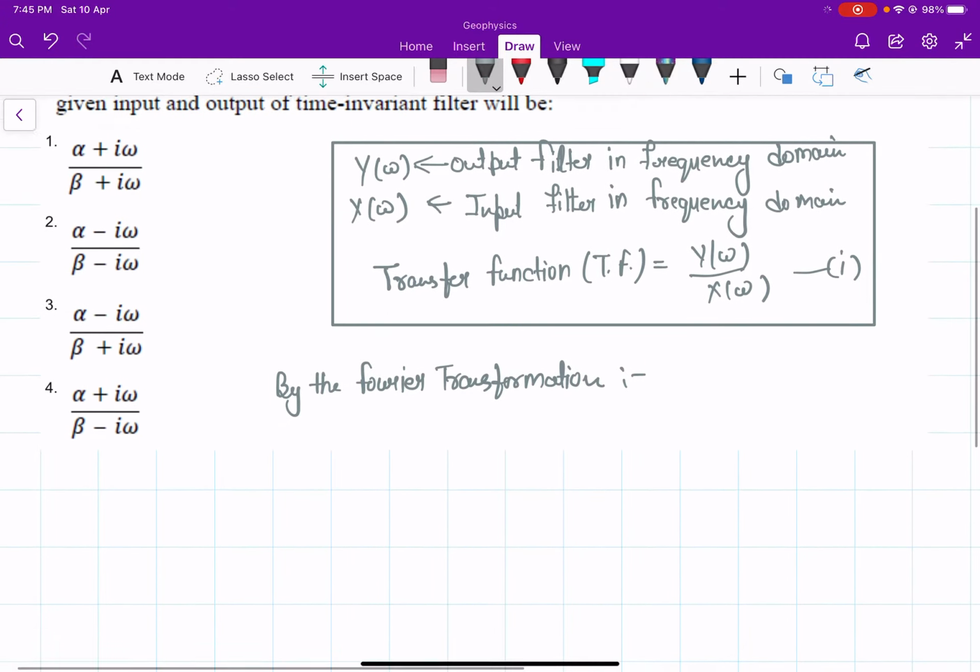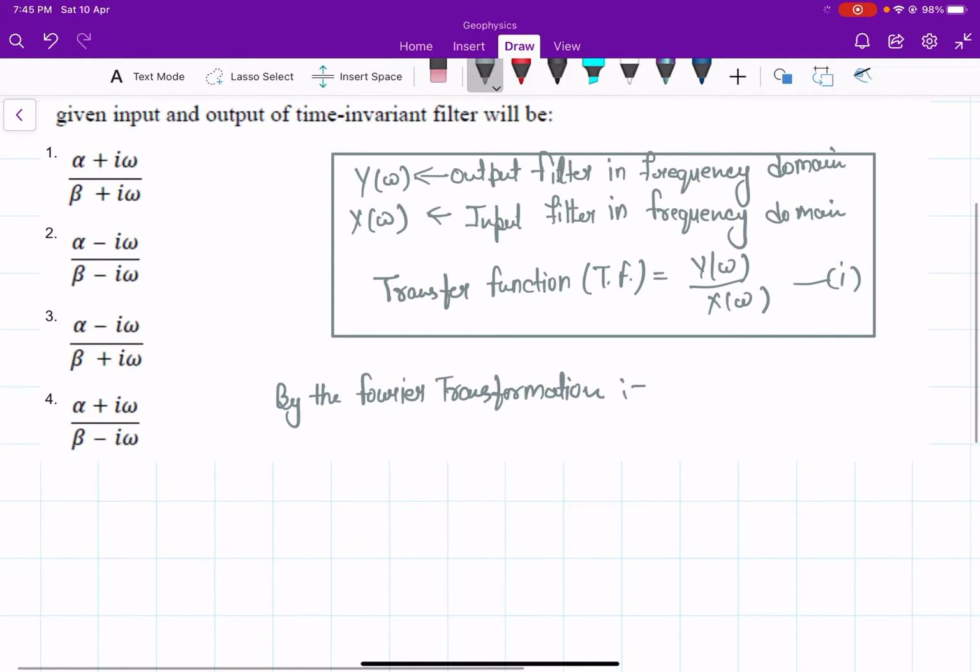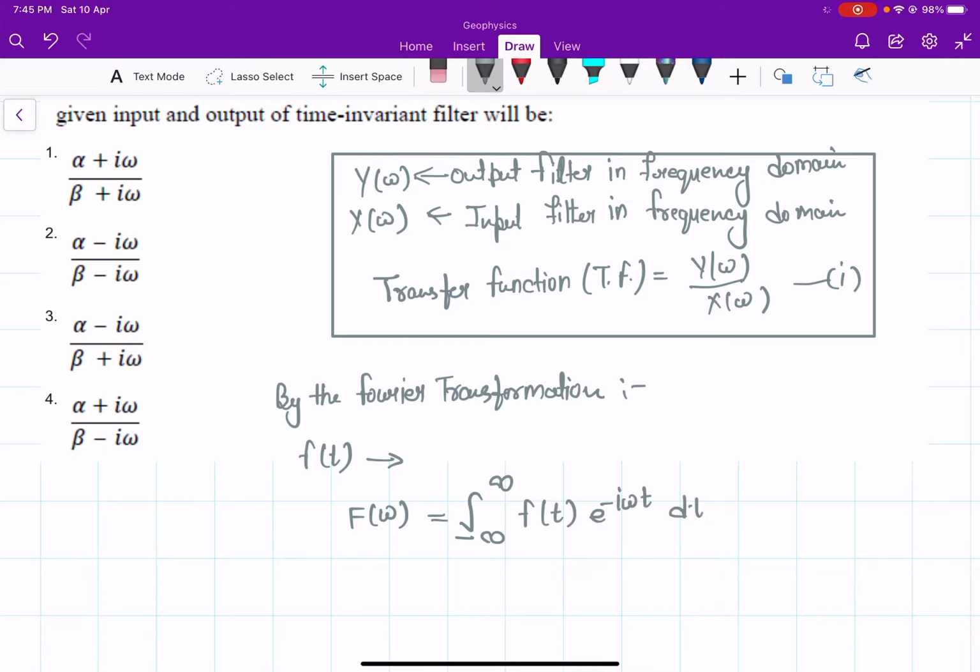So Fourier transformation is defined as: if a function f(t) is given, then the Fourier transform F(ω) will be equal to the integral from minus infinity to infinity of f(t) e^(-iωt) dt.